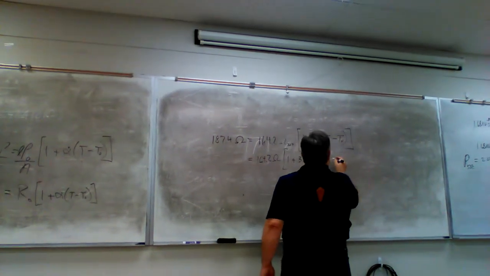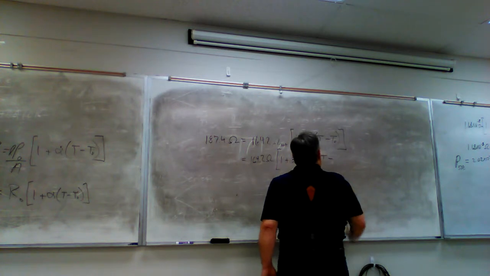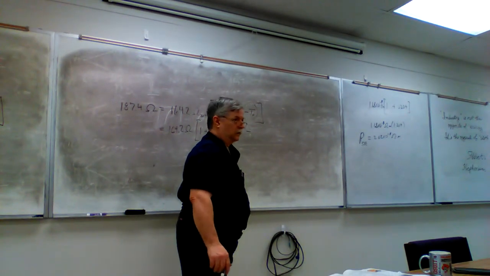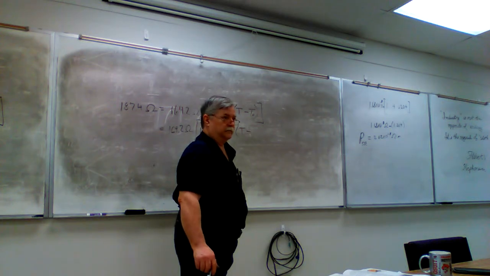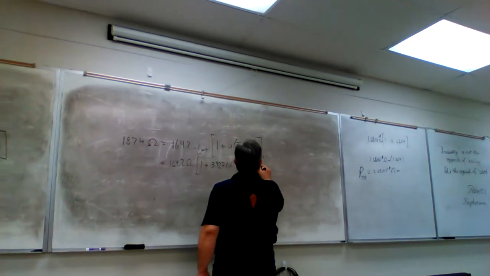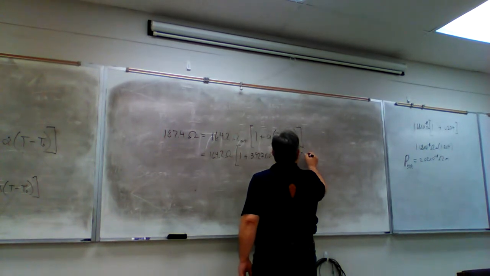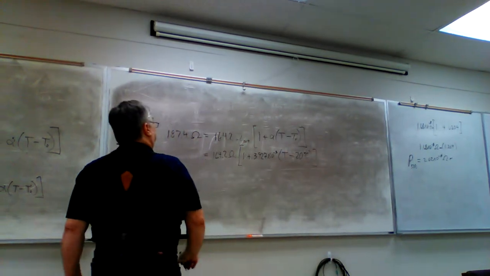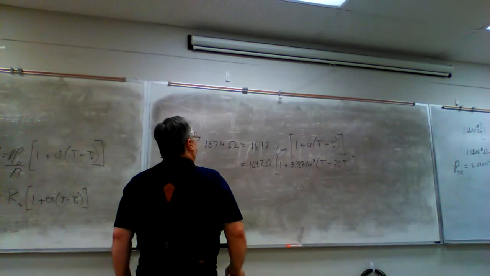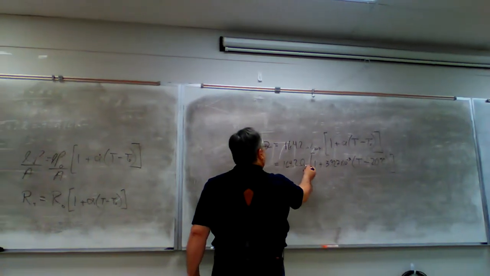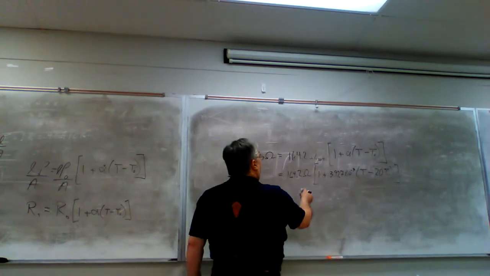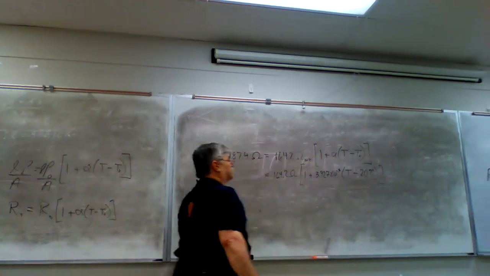Okay. Times T minus, what's T sub naught? 20 degrees C. So how do we solve this? Let's first divide both sides by 164.2.